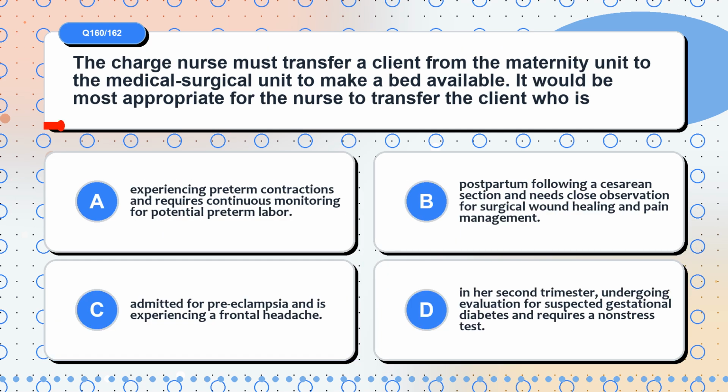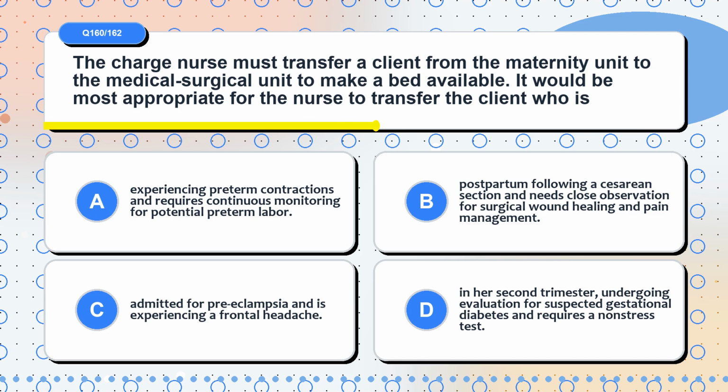Question 160. The charge nurse must transfer a client from the maternity unit to the medical surgical unit to make a bed available. It would be most appropriate for the nurse to transfer the client who is. Option A. Experiencing preterm contractions and requires continuous monitoring for potential preterm labor.